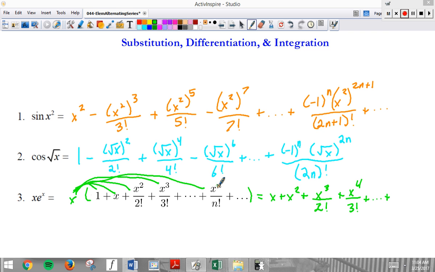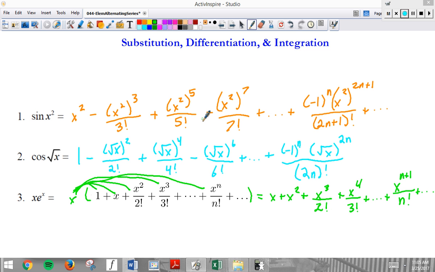And a lot of BC students struggle with something as simple as this: x to the n plus 1 over n factorial plus dot dot dot. You have to be really good with your exponent skills, or else things will just be terrible. Okay? But that's the series they want. That's it.